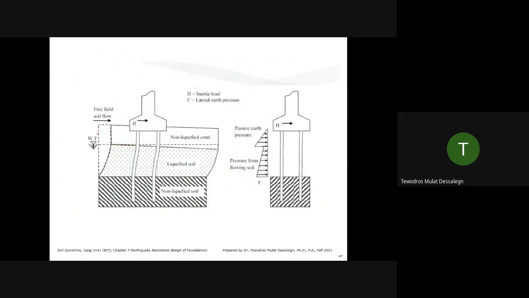We are assuming that it's laterally, like a gentle slope or something, or during the shaking. This is a liquefied zone, pressure from flowing soil, 30%, but the entire lateral pressure acts on the upper layer. This is a good soil, it didn't liquefy. But now it is flowing like water. It's like a ship on water. So it's applying the entire force on the pile. So this is how they analyze it.